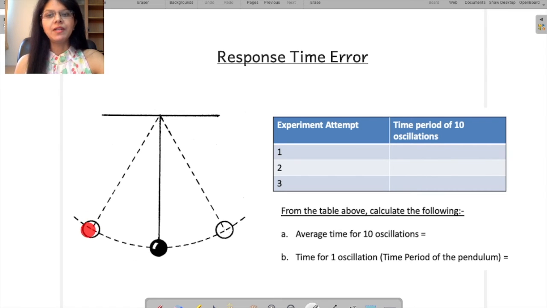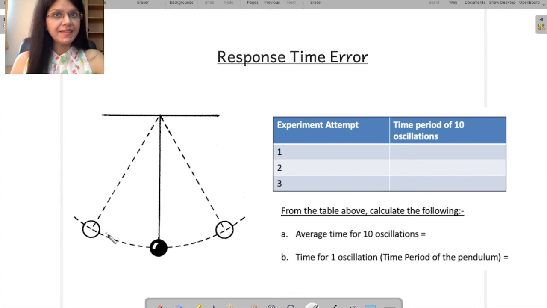Suppose that you are holding the pendulum on one end. You have the stop clock in your other hand. You start the stop clock as soon as you leave the bob from your other hand. The pendulum swings, goes all the way to the other end and comes back to the same location, and you stop the stop clock. All this process will happen quite quickly.